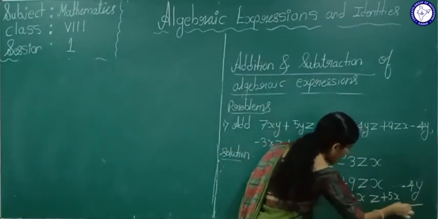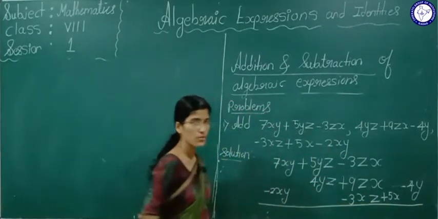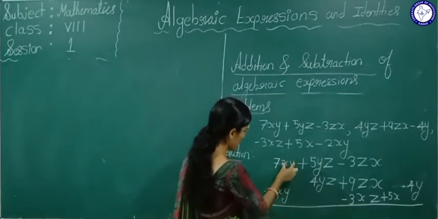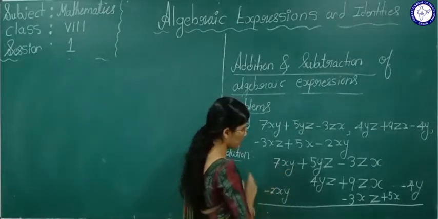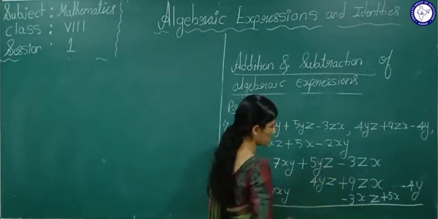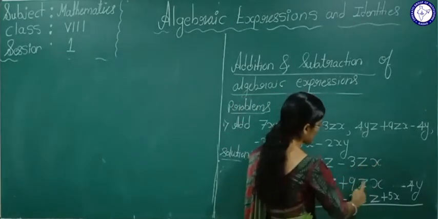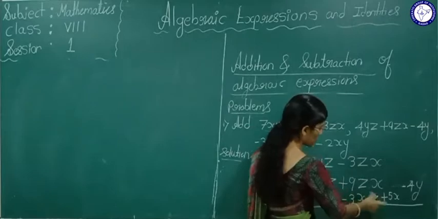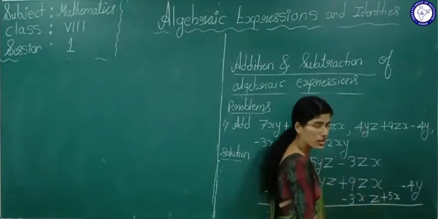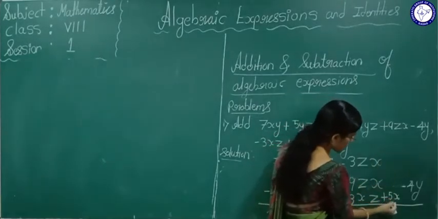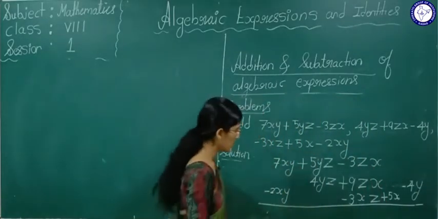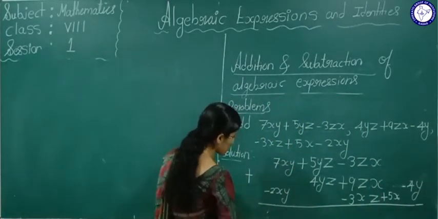Now see, students, like terms should be one above the other. See, xy should be in one column only. 5yz, 4yz should be in one column only. Okay, zx, xz should be in one column only. Here 5x is unlike. Okay, we are not getting the same term again. That's why we kept it separate. The minus 4y also I kept separate. Now solve this. Do the addition.